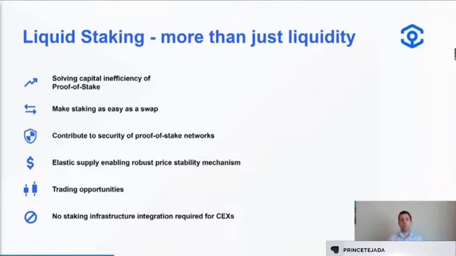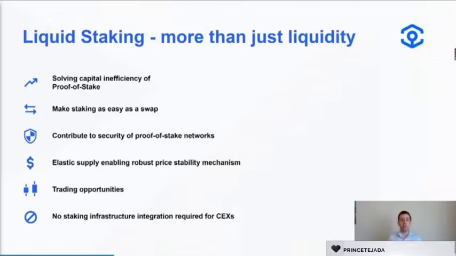So liquid staking is much more than just liquidity. It is about solving the capital inefficiency of proof of stake. It is about lowering the barriers to entry to staking by making it as easy as a swap. It is about enabling you to easily contribute to the security of proof of stake networks.